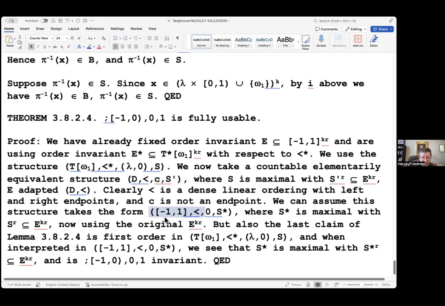Okay. So the maximality is first order, and the invariance that we're talking about is first order. And so we actually get in here the same thing. In other words, we get that S star is maximal in the appropriate sense, and that it's invariant in this appropriate sense, just by transferring.